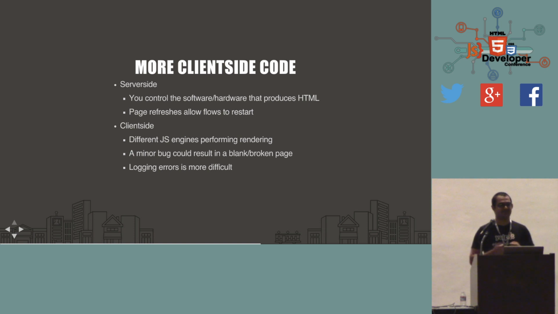We log a lot of errors at Yelp that happen in JavaScript, and they come back in completely different formats depending on the browser. They also come back in different formats depending on the language that the user is using. So you get a lot of strings that are in German. So that can introduce a whole new set of problems. So I really think the Selenium stuff is really important as we switch more and more of our code to client side.